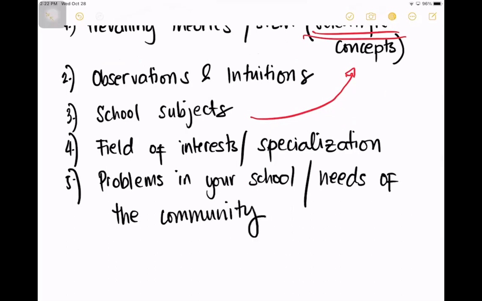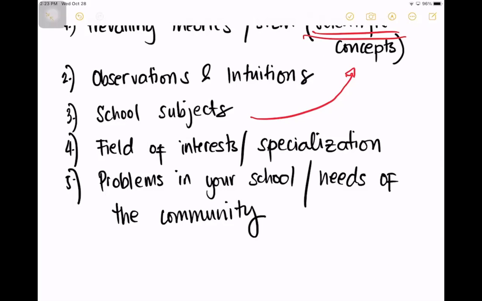Now, this could be a very good source of research topic because if you already identify the problems in your school or the needs in the community, you might as well have your significance of the study already. Remember that you're doing research for the purpose of utilizing the results afterwards, isn't it?